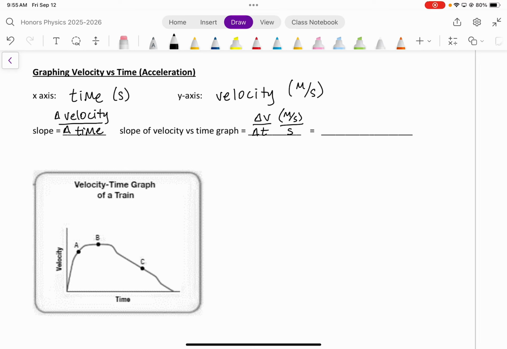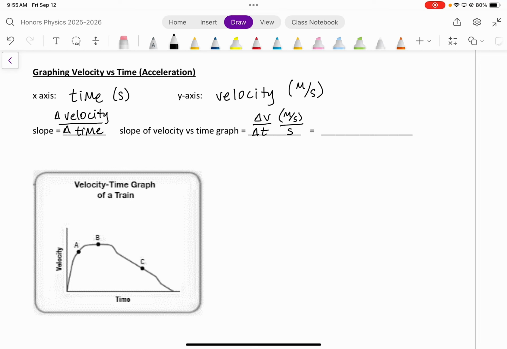And what physics variable is the change in velocity divided by change in time? This means something in physics. So Vincent, it's on your formula sheet. Find me a formula that is equal to change in velocity over change in time.